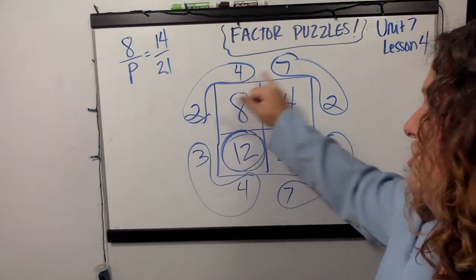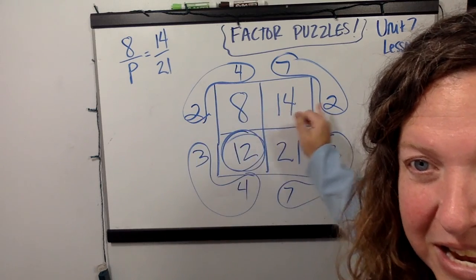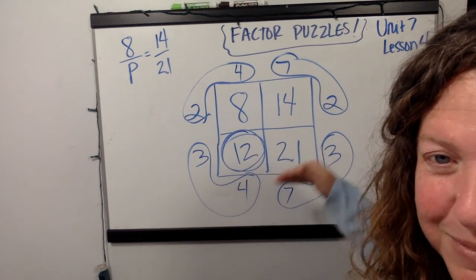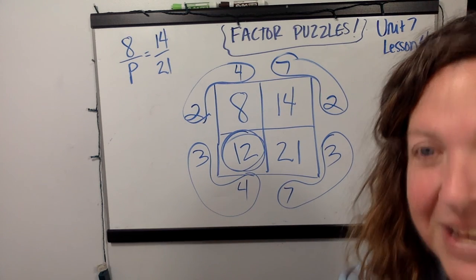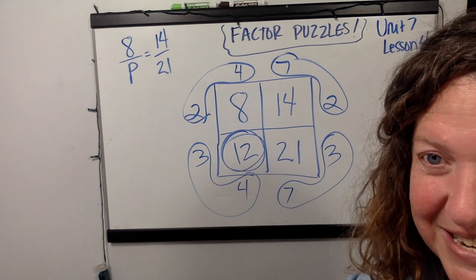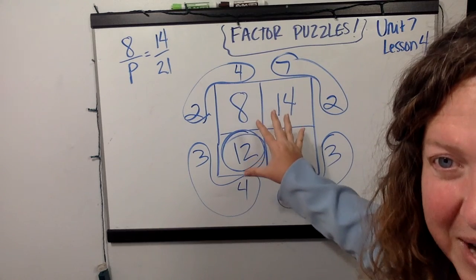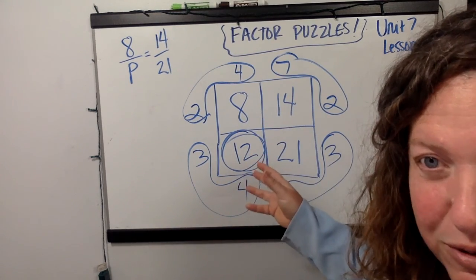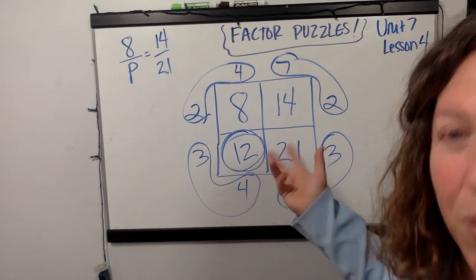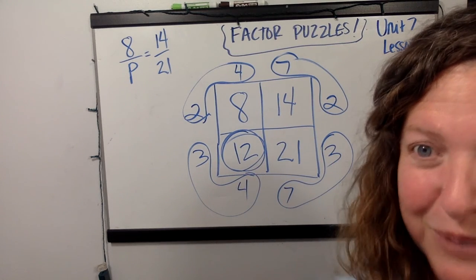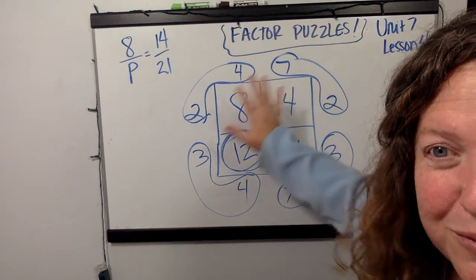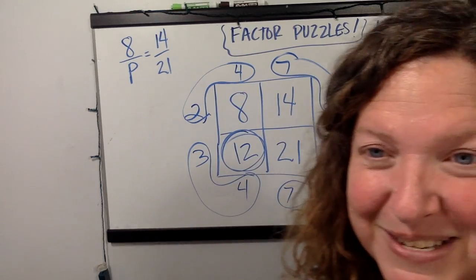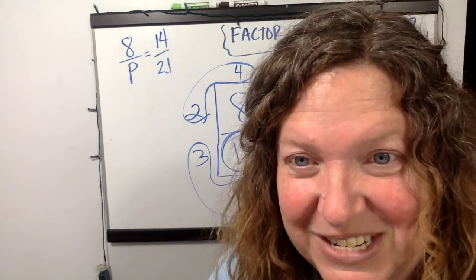Instead of just whole numbers in the rows and columns, we're going to see what happens when we are using ratios that may be fractions, either fractions bigger than 1, like improper fractions, or regular fractions. It'll get trickier, but we wanted to refresh on how to do these factor puzzles before we dig into the harder stuff.